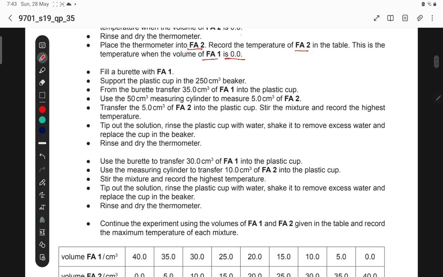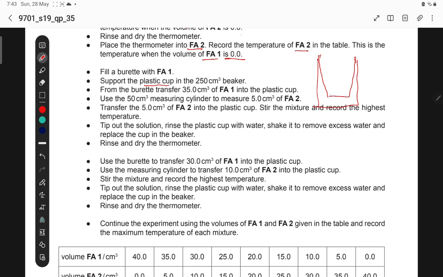Fill the burette with FA1, support the plastic cup or polystyrene cup in the 250 centimeter cube beaker like this. This is the 250 centimeter cube beaker, and place the plastic cup in the 250 centimeter cube beaker.